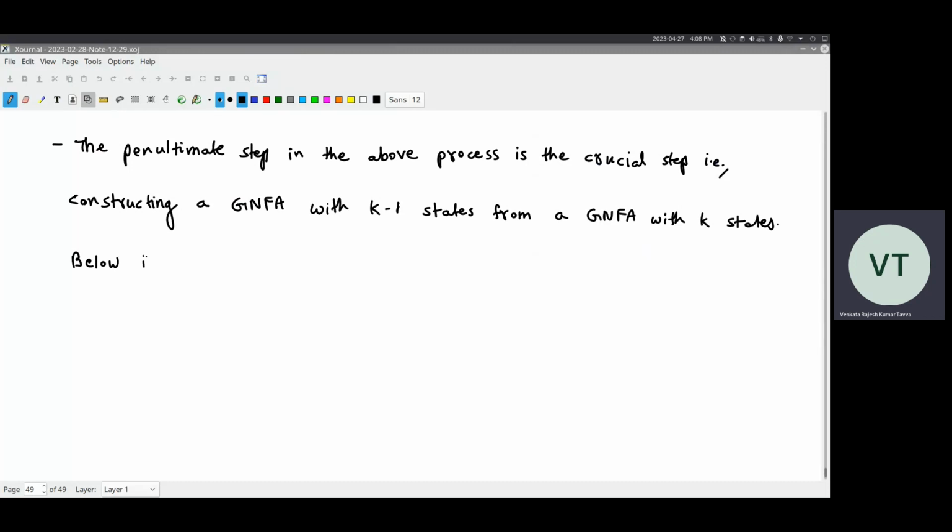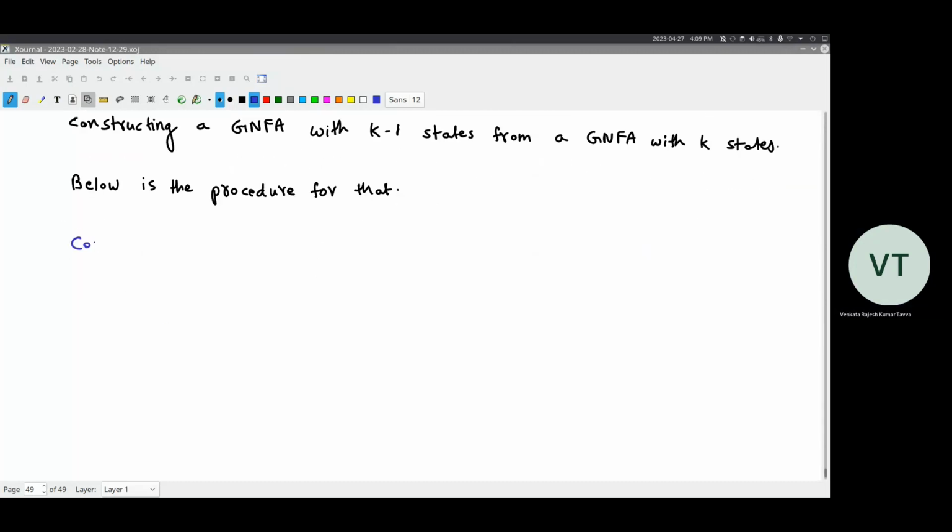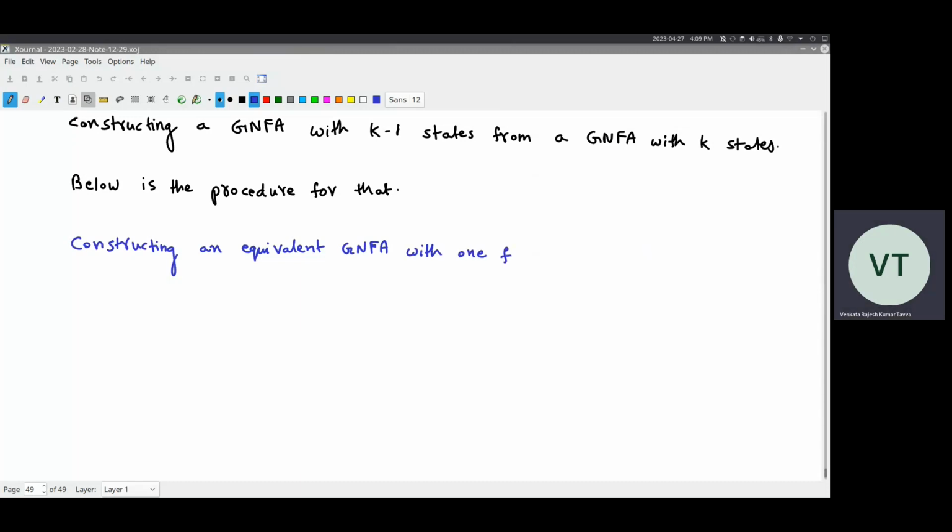Below is the procedure for that. So, constructing an equivalent GNFA with one fewer state.